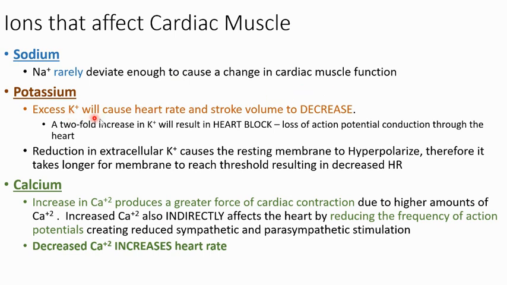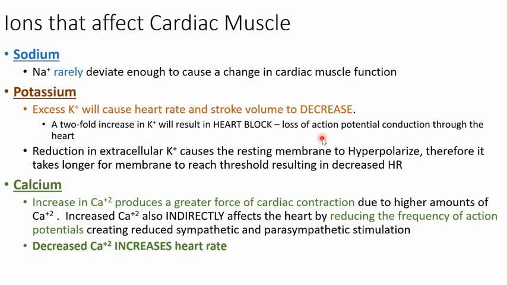Potassium, however, excess potassium, too much potassium in that extracellular space will cause heart rate and stroke volume to decrease. It's going to cause the heart to slow down. If you increase the potassium levels too much, it can result in heart block, which means a loss of action potential conduction through the heart.